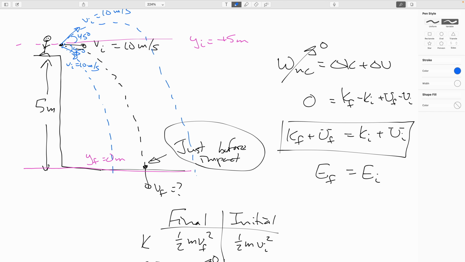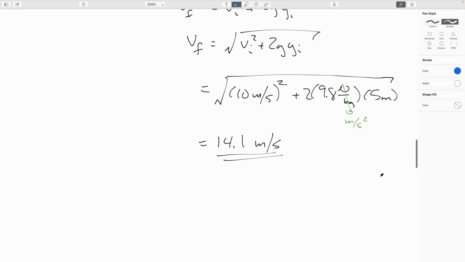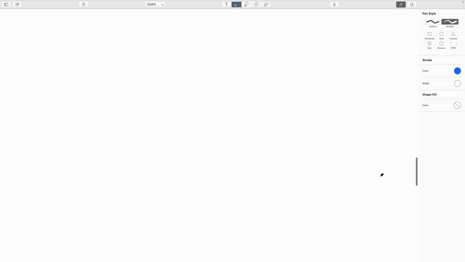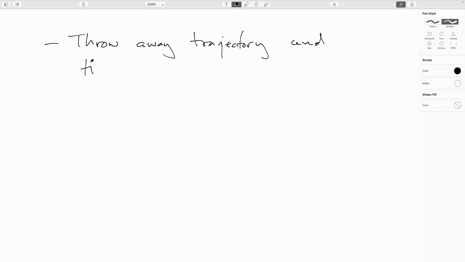So this reveals a key limitation of energy analysis. With energy analysis, it will always be the case that you throw away trajectory, so what path the object takes, and time evolution information.